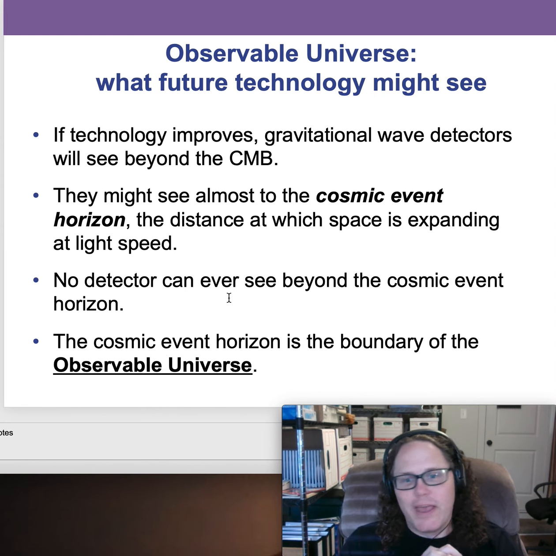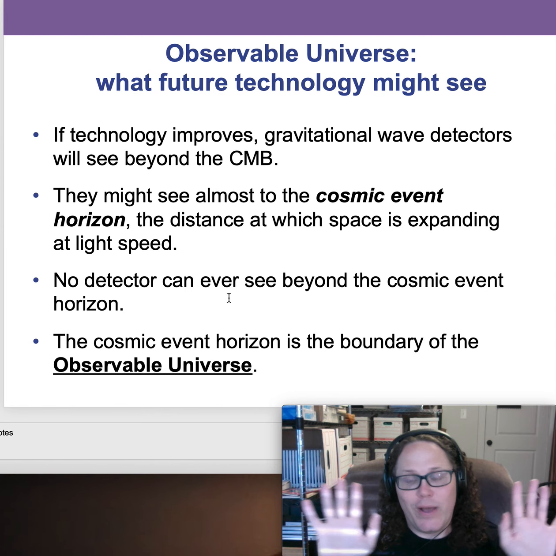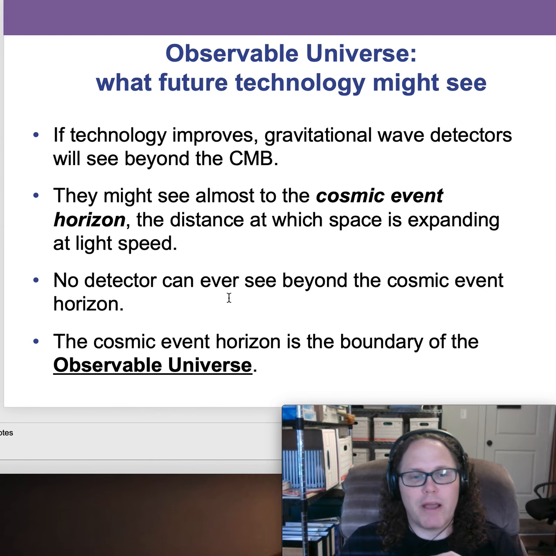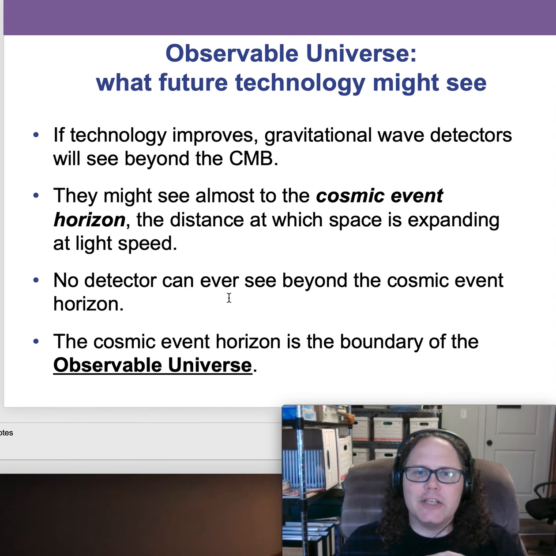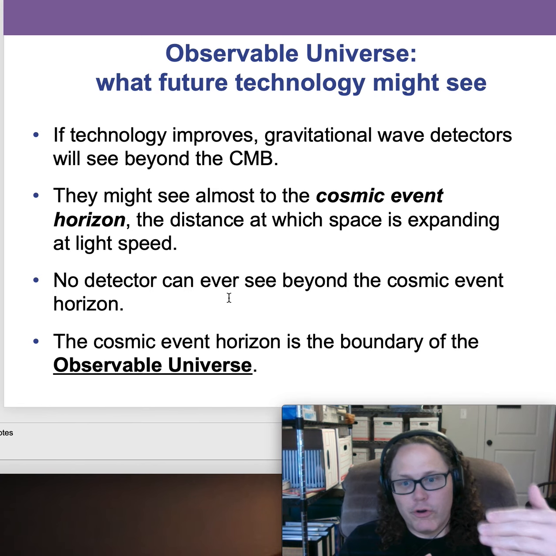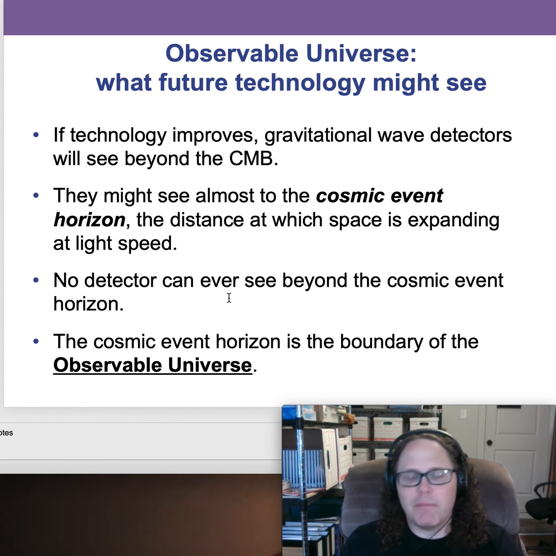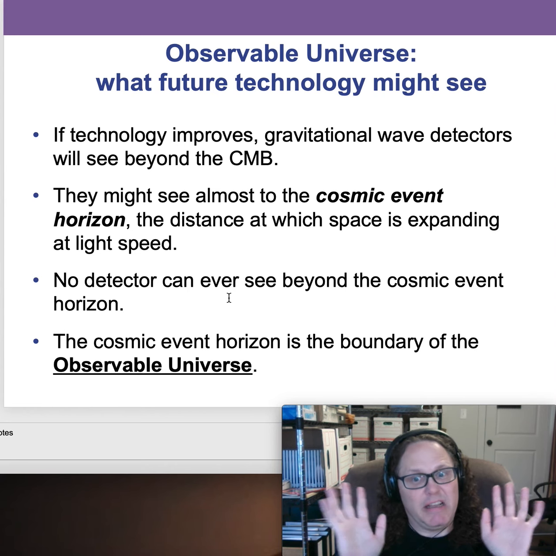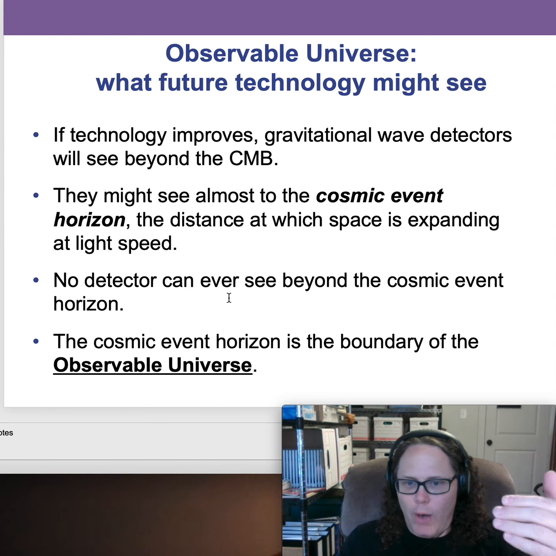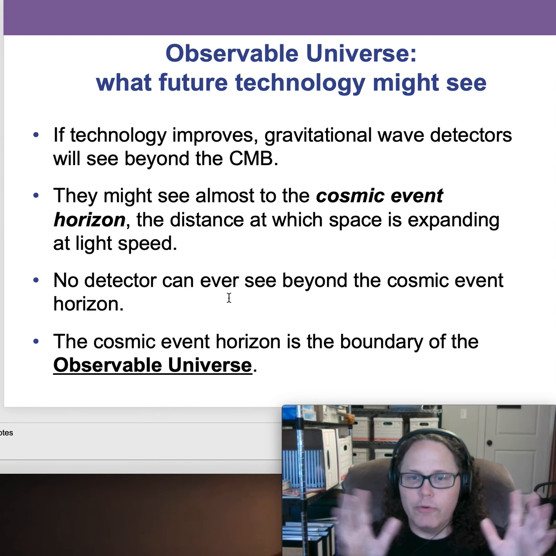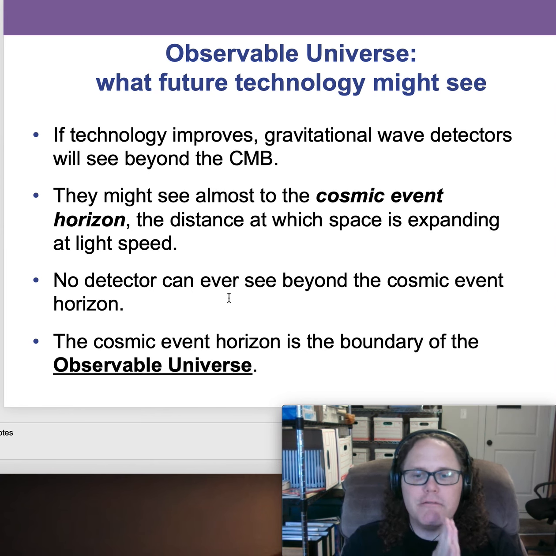And right now, they can't see anywhere near as far as the cosmic microwave background, but theoretically they might. And so the observed universe might expand beyond the cosmic microwave background. In fact, it might, theoretically, given enough technology, expand out to almost the cosmic event horizon.